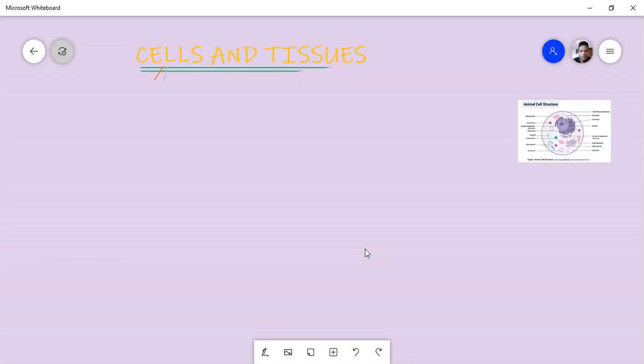What I want you to understand about the cytoplasm is that it has three things: your cytosol, your inclusions, and your organelles. I said your cytosol is a semi-transparent fluid, largely water, and it has some nutrients.